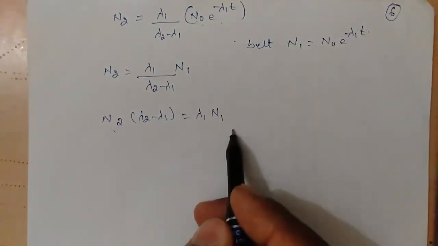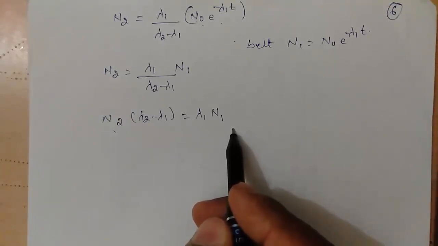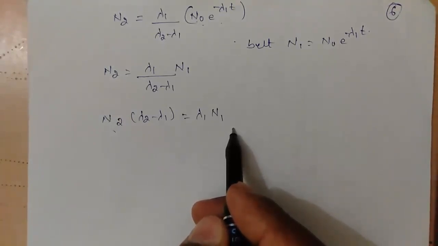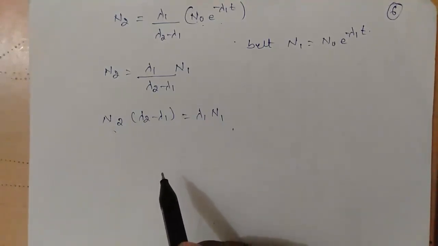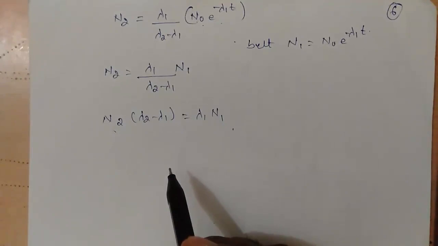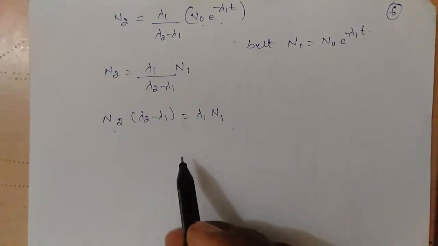So this equation indicates that the daughter nucleus disintegrates at a faster rate than that of the parent. So this type of equilibrium is what we call transient equilibrium. That is, whenever any daughter nucleus is decaying at a faster rate than the parent nucleus, then that type of condition is what we call transient equilibrium.